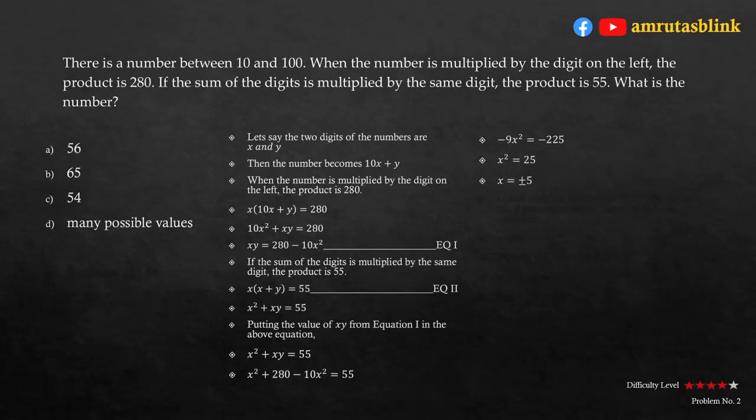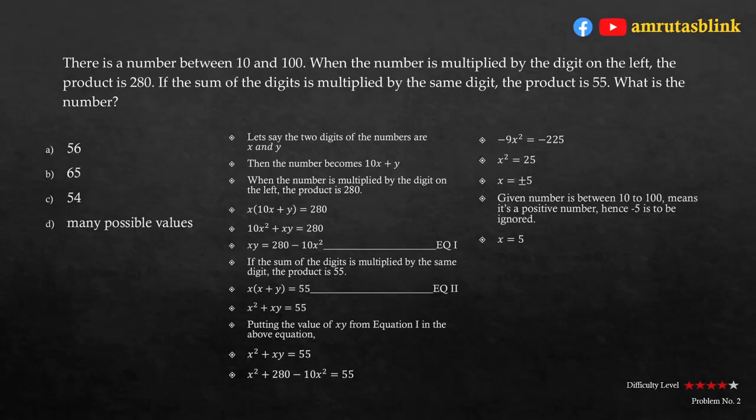Now if we take the square root of both sides, we get x is equal to plus or minus 5. But in the question it was given that the number is between 10 and 100, that means the number is positive. So we have to ignore minus 5, hence the value of x will be just plus 5.